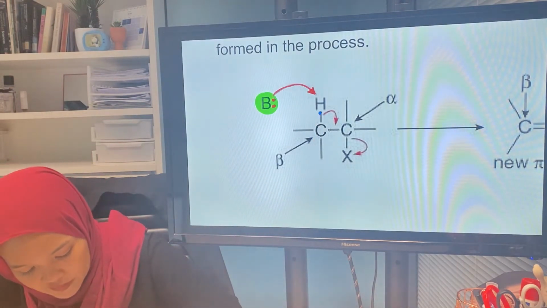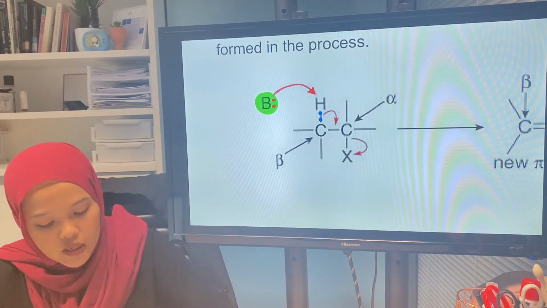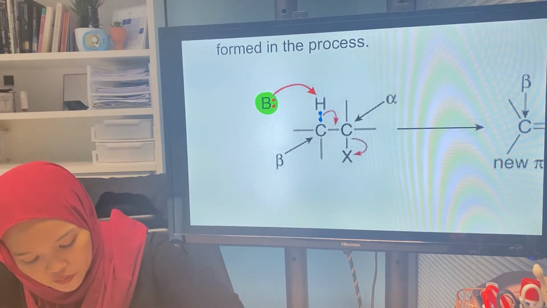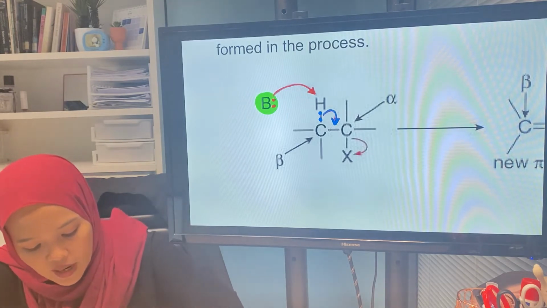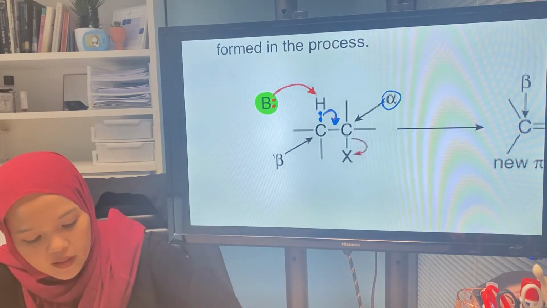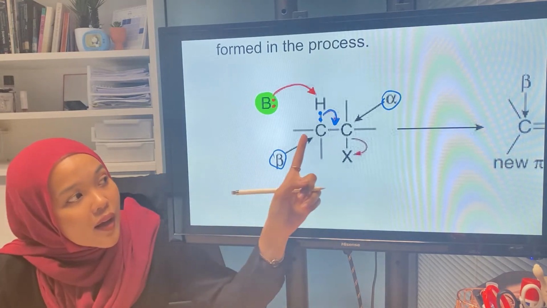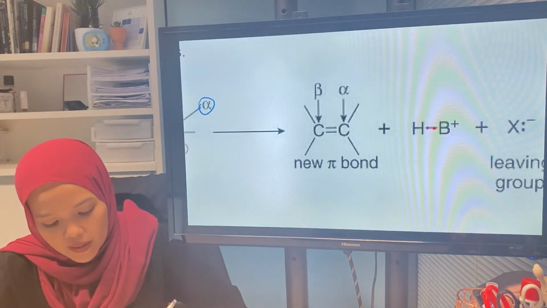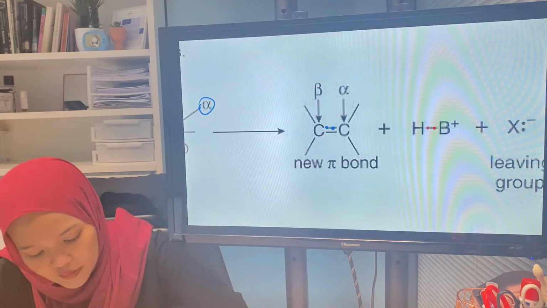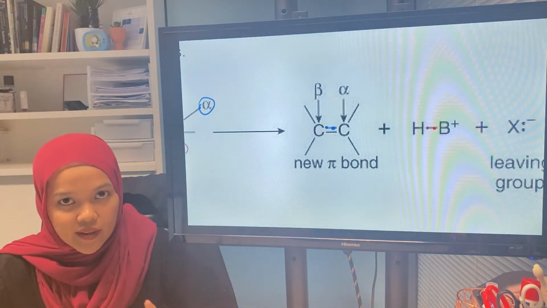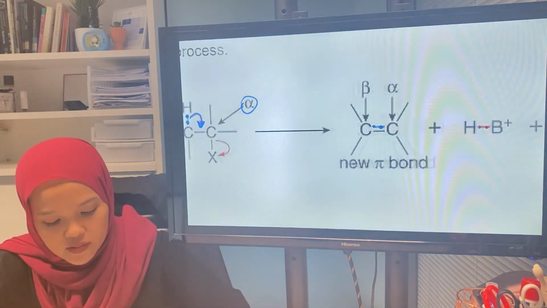Let me put this in this color. The 2 electrons here are going to be transferred between the alpha carbon and beta carbon. This is the one that is going to make the pi bond. This is where it will reside. You see how the electrons are being transferred.